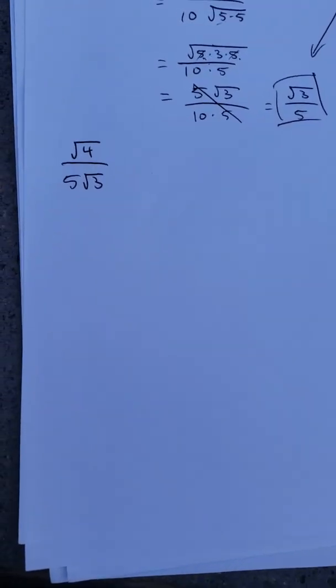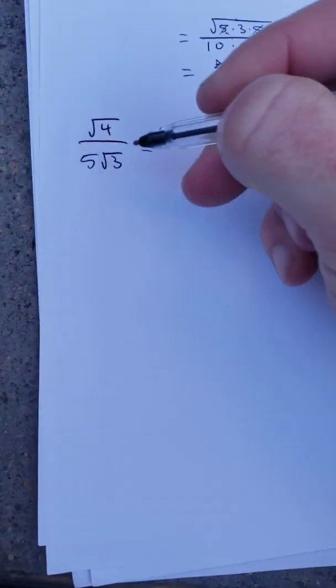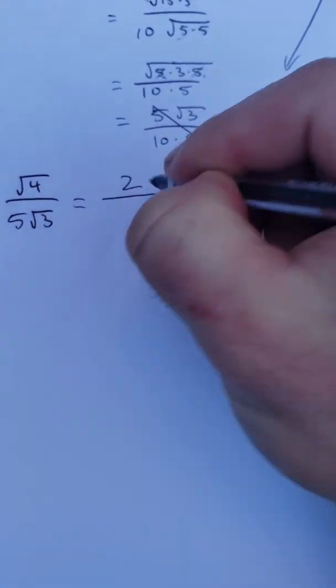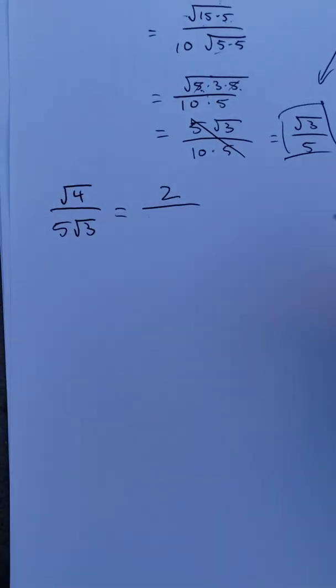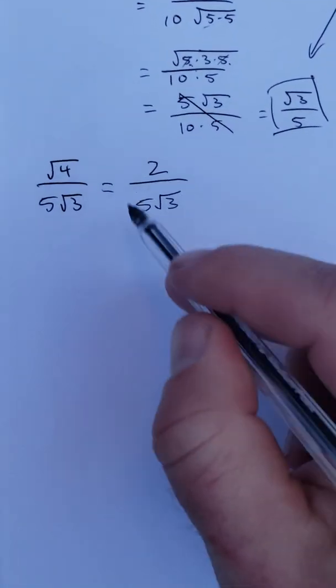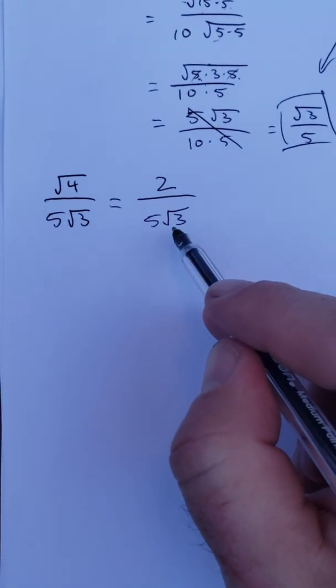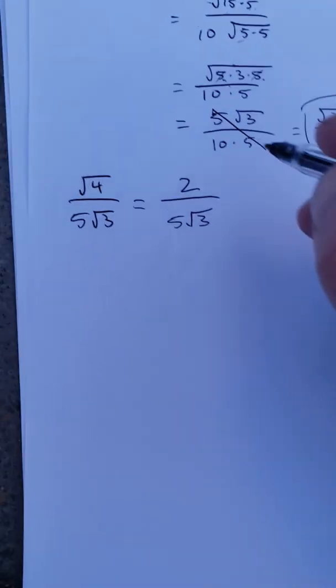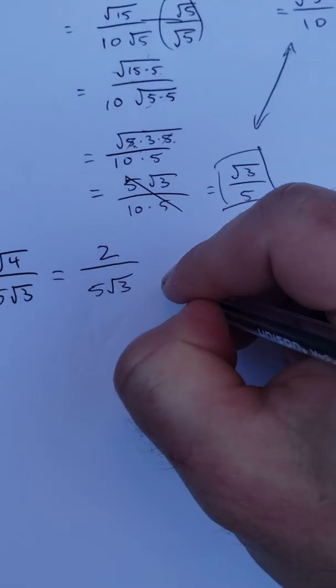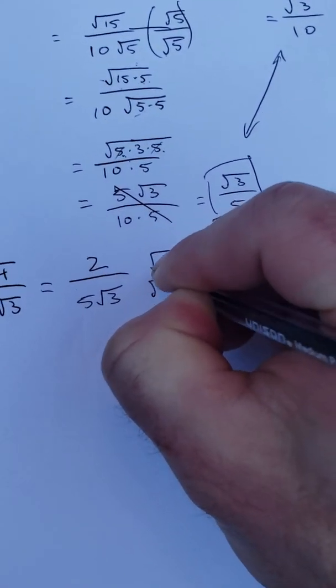All right, let's keep on marching here. So, we got this going on. Let's take care of the easy stuff. I know that the square root of 4 is 2. 5 root 3. This time I don't have anything in common, but I see that I have a square root 3 on bottom. Let's do that step right there. So we're going to multiply it by square root 3 over square root 3.